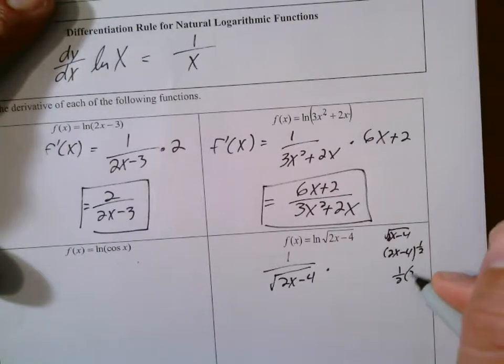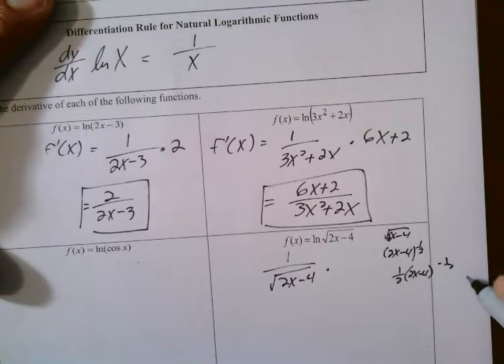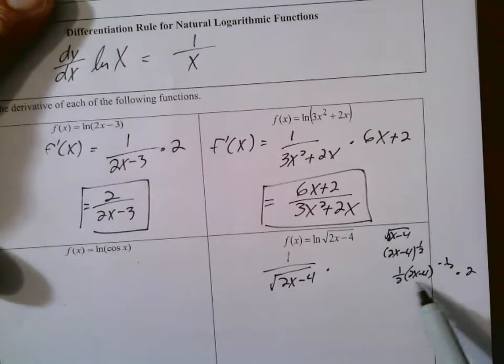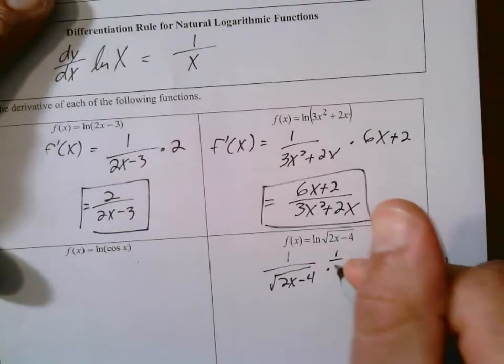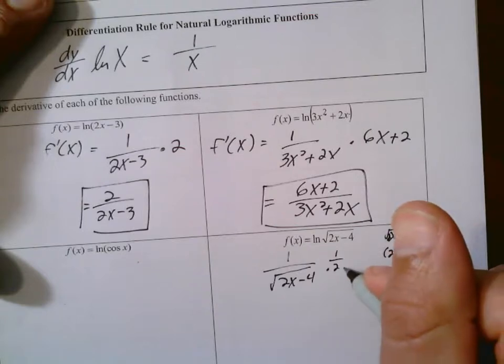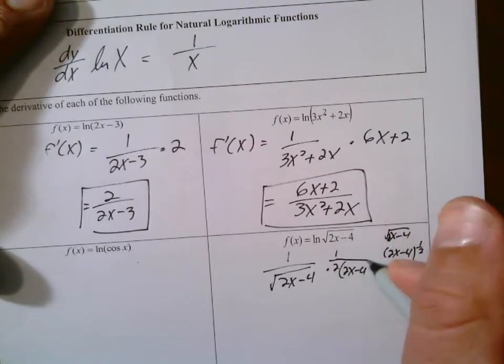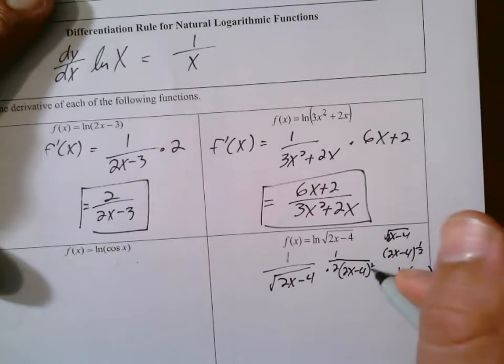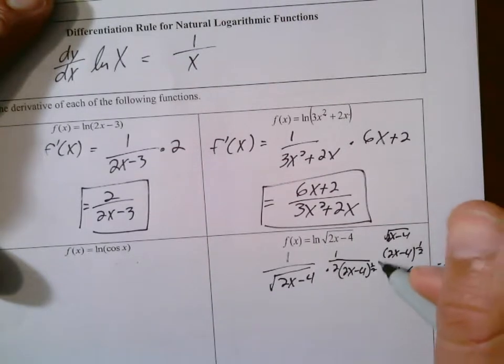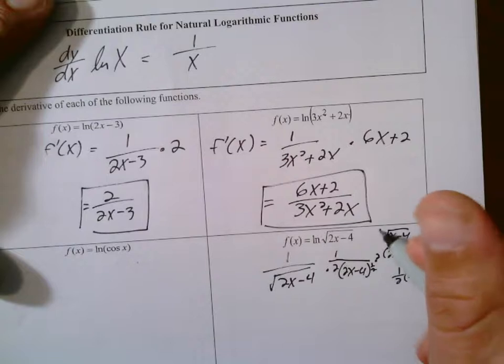So 1/2 times 2x minus 4 to the negative 1/2 times 2. So you have to use the chain rule here as well. I'm running out of room.